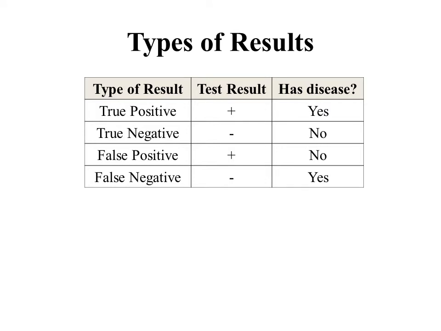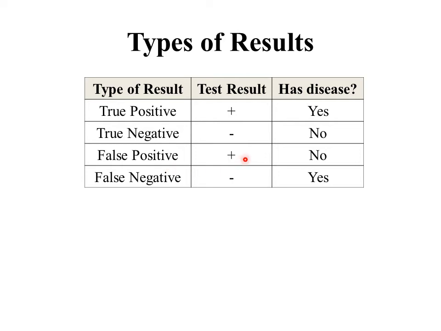Now, results from tests like this can be broken up into 4 different types of results. The first type is what we call a true positive, where we get a positive test result and we actually have the disease. A true negative is where we get a negative test result and we do not have the disease.